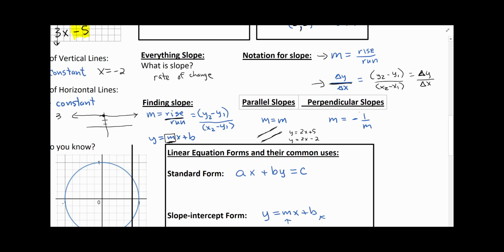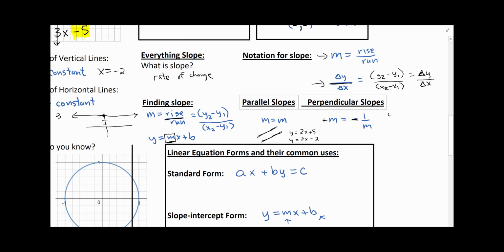And then for perpendicular slopes, the slopes will be opposite reciprocal. So opposite meaning if this is positive, the new slope will be negative, and the new slope will be the reciprocal of the former slope.